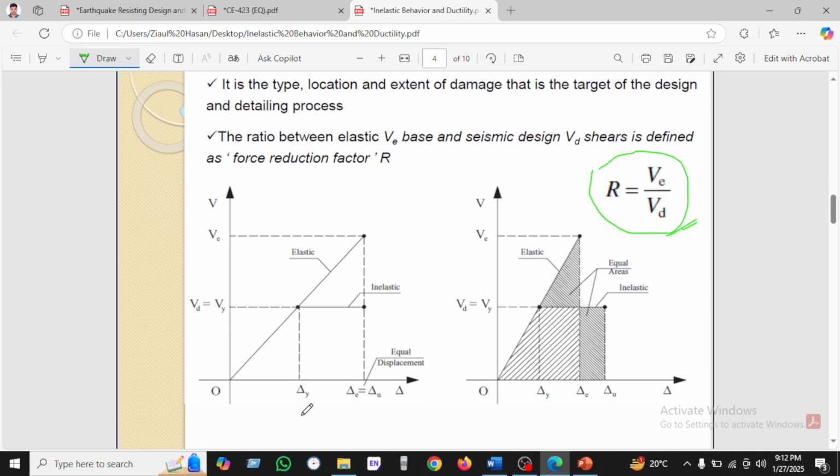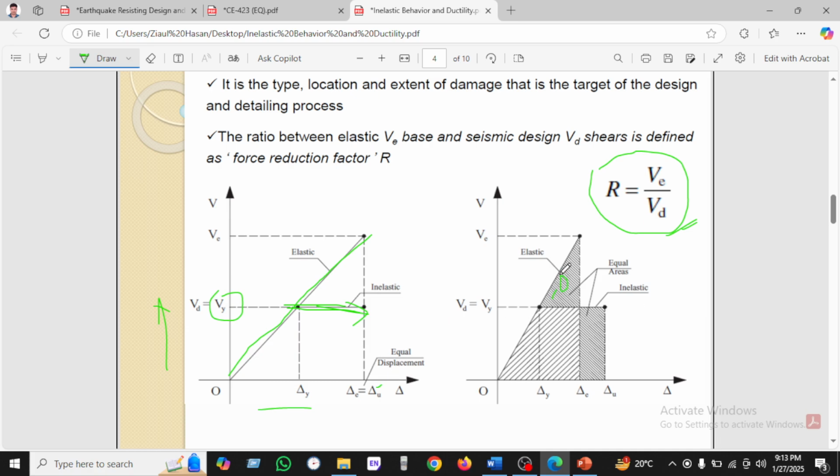If we look at the graph, the x axis is the displacement and the y axis is the base shear. So this part is elastic, and this is the inelastic. After reaching the elastic load, it continues into the inelastic range, and we can see the equation of the displacement here.